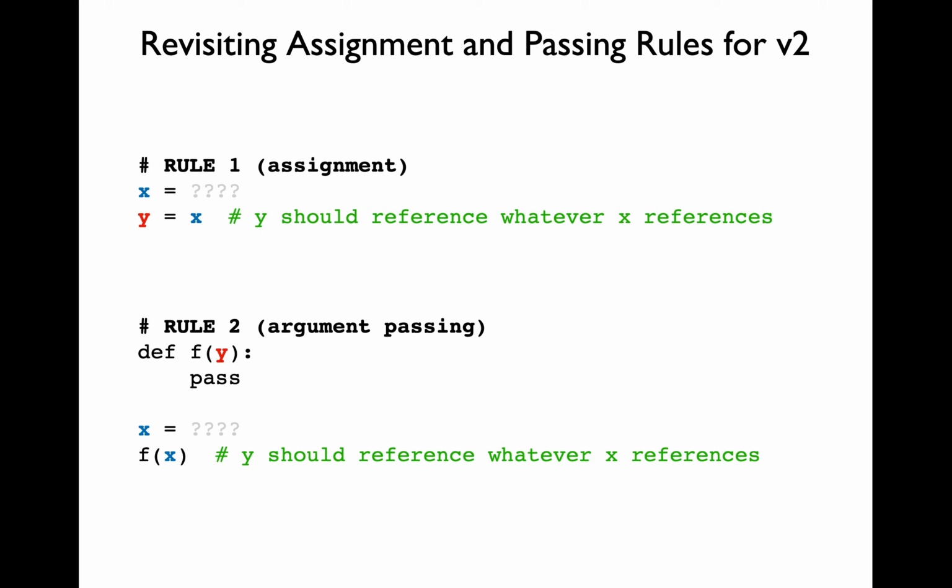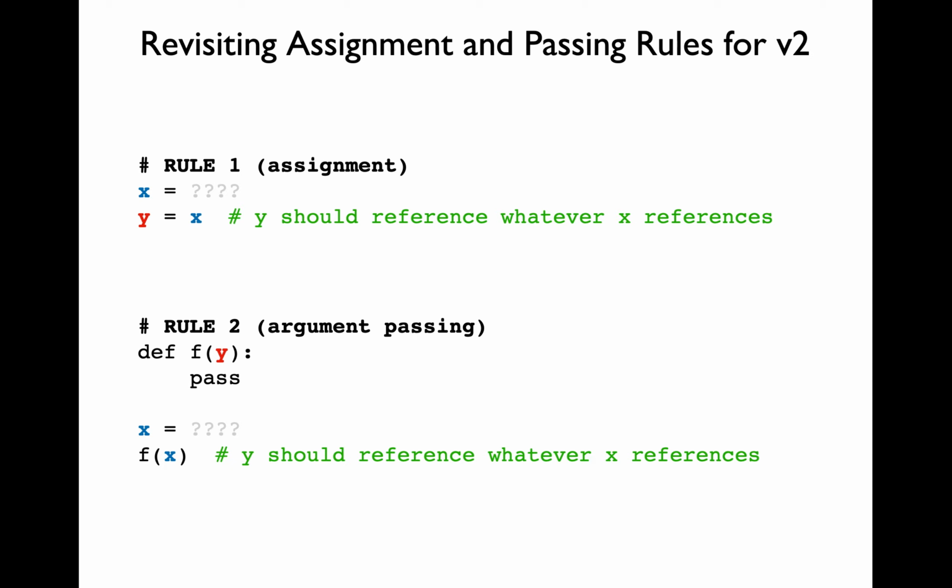Rule number 1 has to do with assignment. Let's assume that we are creating some object instance and adding a reference to that into the variable x. When we say y equal to x, we will only be creating a copy of the reference. We will not be creating a copy of the object instance itself.